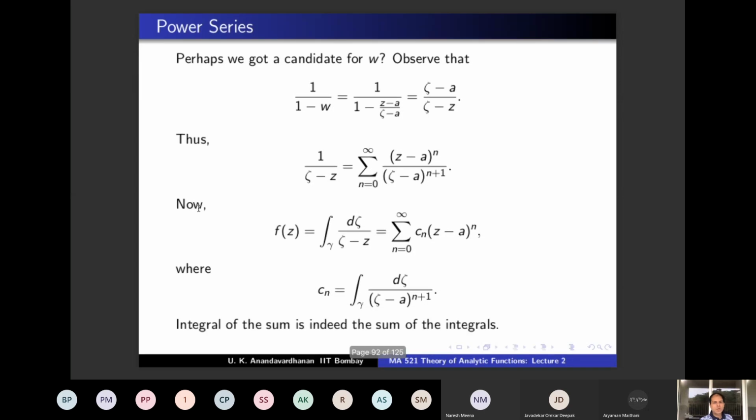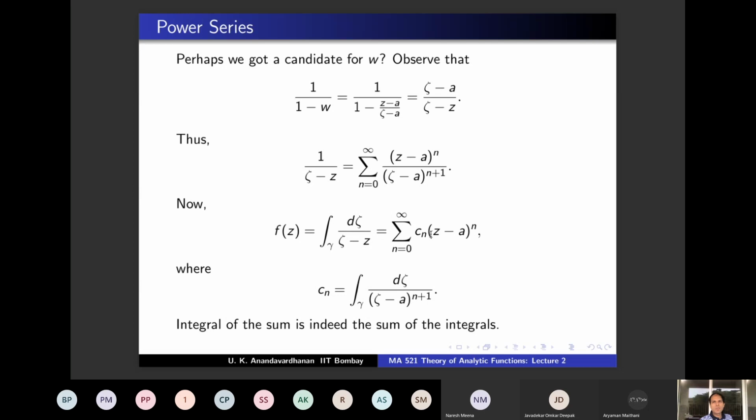Okay, so one thing that we have used is that the integral of the sum is indeed the sum of the integrals. Where have we used this? Here, when I'm integrating, the integral is coming here, and then I'm taking the integral here. So I'm interchanging the sum and the integral, and this is okay because we are on a disk where the power series is absolutely and uniformly convergent.